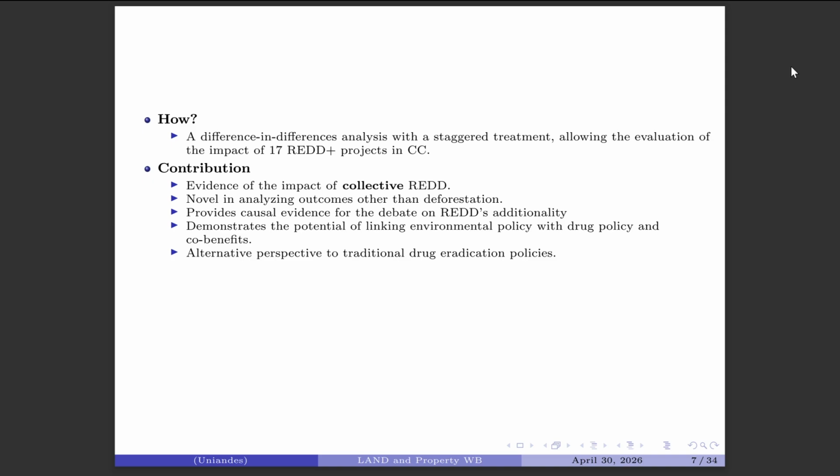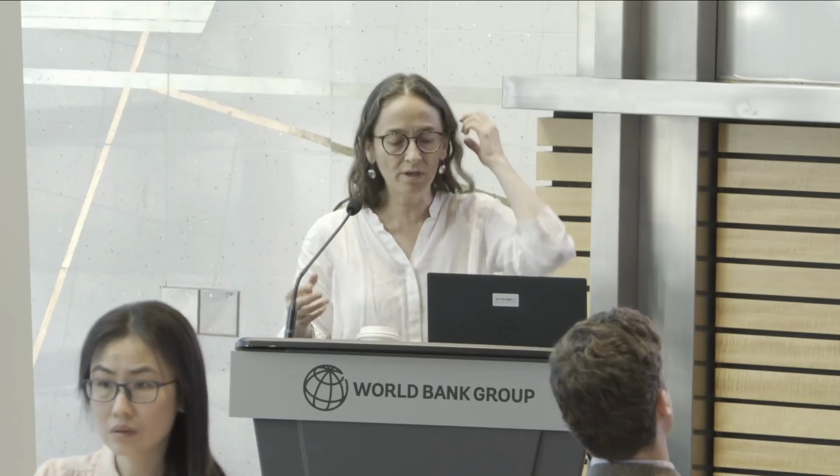This is the first one about collective REDD+ projects. This is also novel in analyzing outcomes other than deforestation, and it provides causal evidence for the debate on REDD+ additionality, and it also demonstrates the potential of linking environmental policy with drug policy or with other illicit activities.